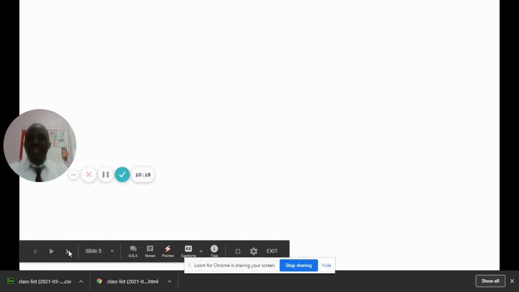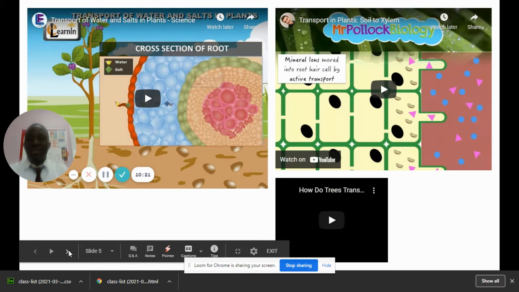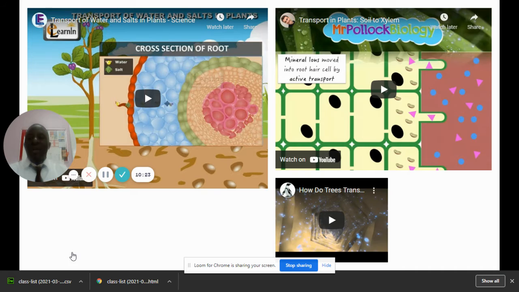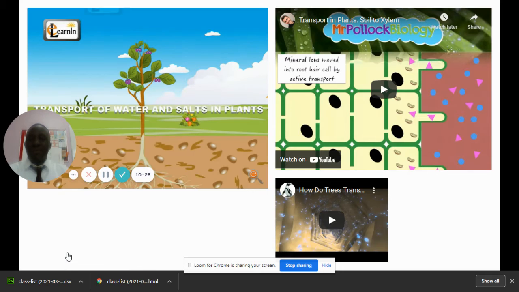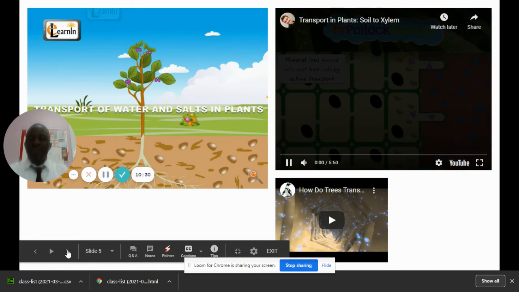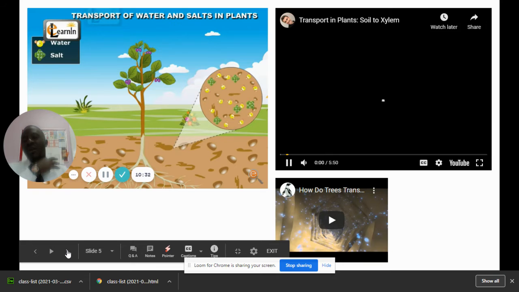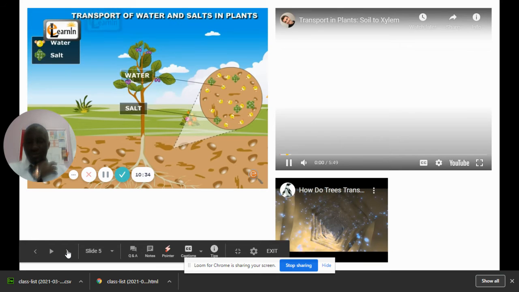That's how root hairs are adapted to doing the functions they do. So basing on that, we can see how transpiration is important in the process of water absorption.